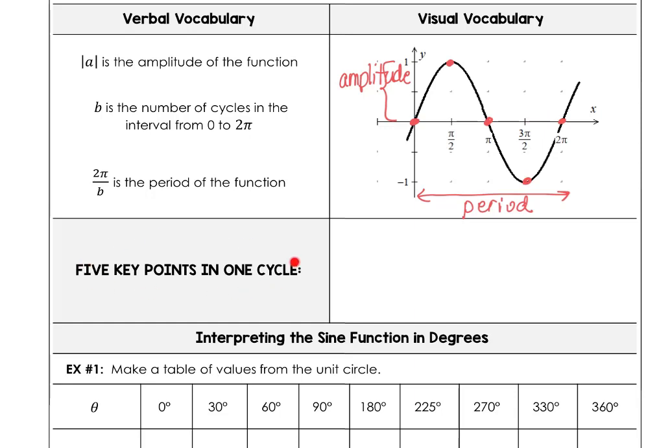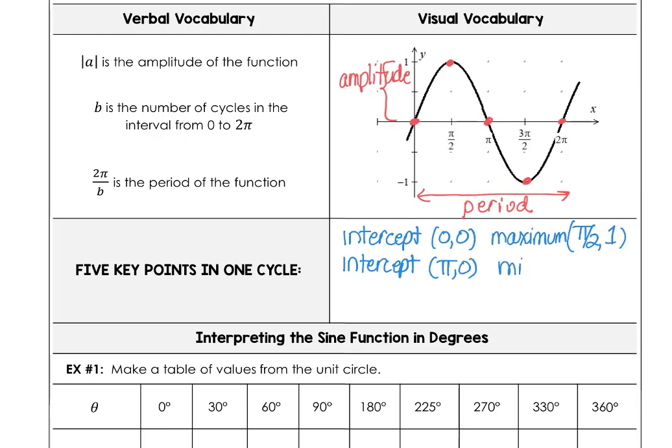So to identify these 5 key points in the sine curve, the first one is an intercept. That's at the origin. And then there's a maximum point. That's at pi over 2, 1. And then there's another intercept. That's at pi, 0.